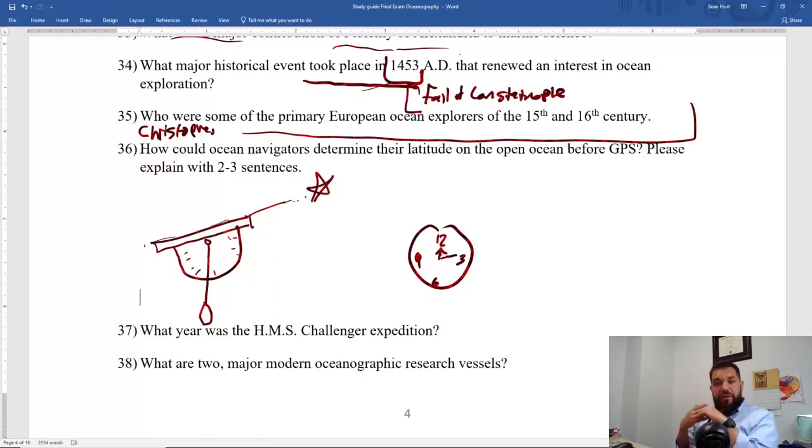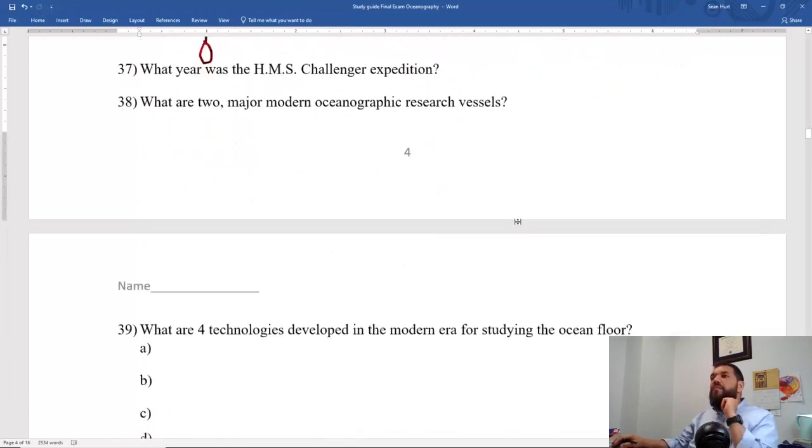So you know that there was 15 degrees of change in your longitude. So 1 hour of change is equivalent to 15 degrees of longitude, okay? So that's how that all worked. So basically they're using a sextant and a clock to pinpoint their exact latitude and longitude.